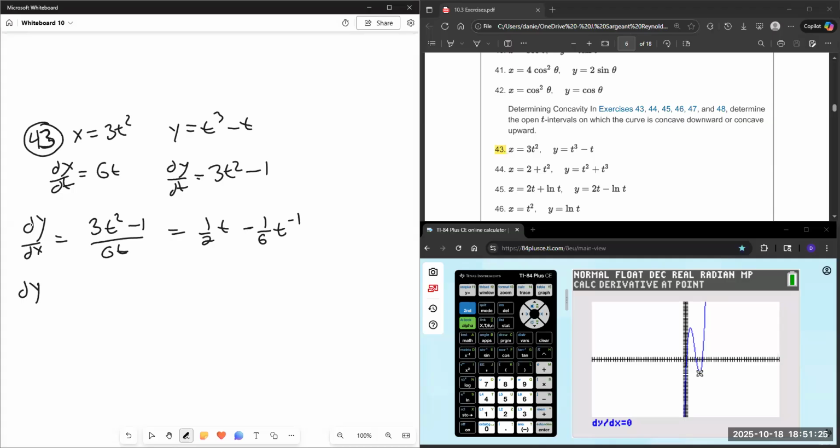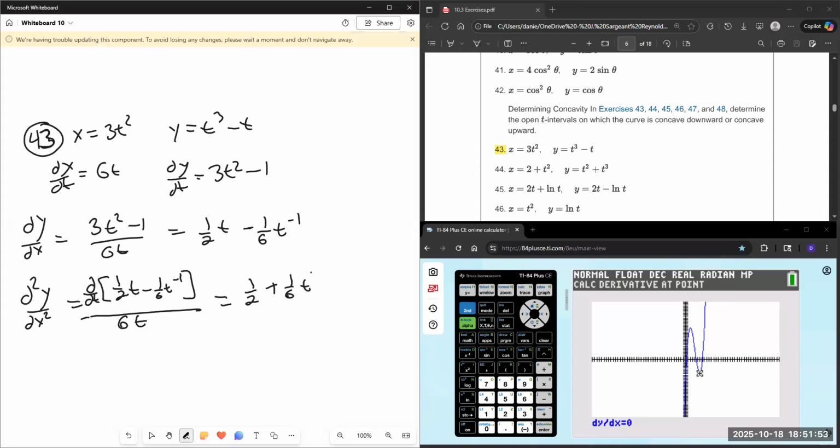d2y/dx2 is the derivative with respect to t of 1/2 t minus 1/6 t to the negative first over 6t, which will be 1/2 plus 1/6 t to the negative second over 6t.